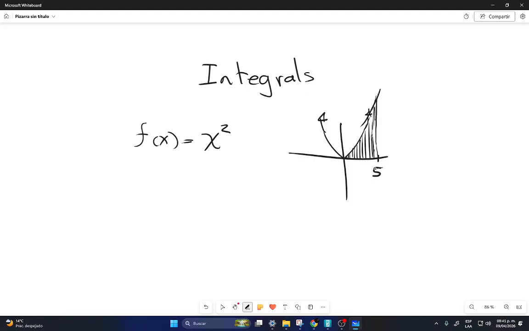So, okay, let's talk about the first rule. We are going to come back to this example and finding this area in a moment. But let's say that we have this function, again, x to the power n. What we are going to do in order to integrate, and let me present you with the notation.